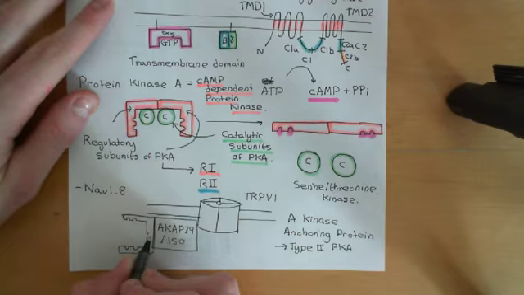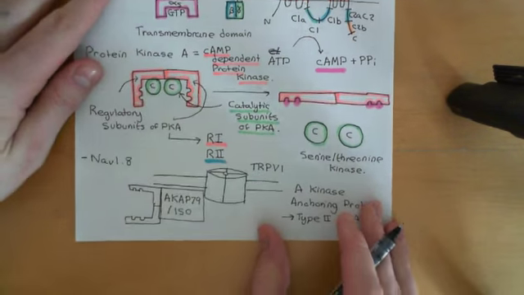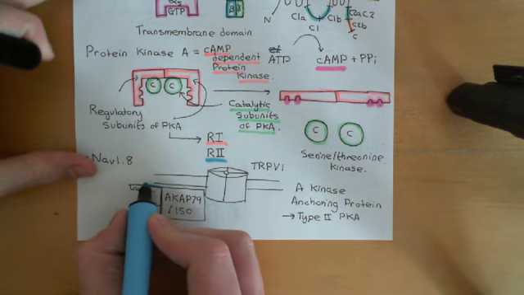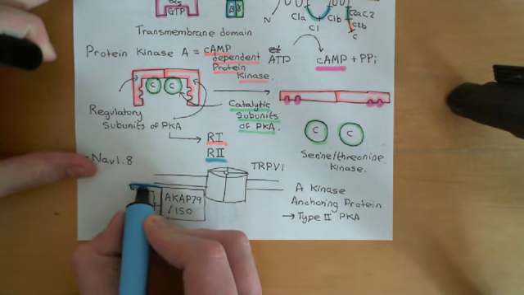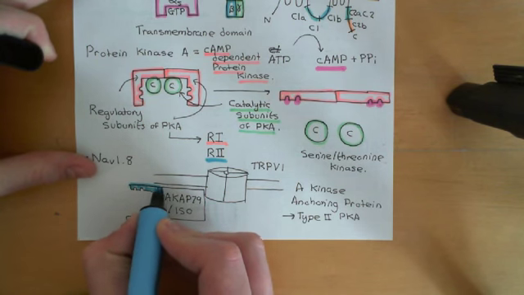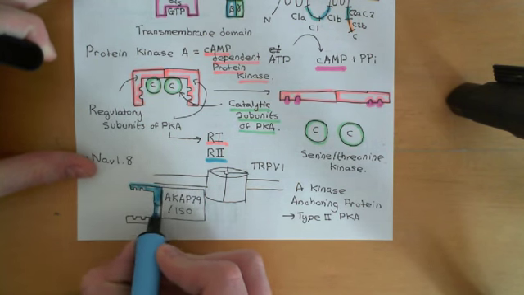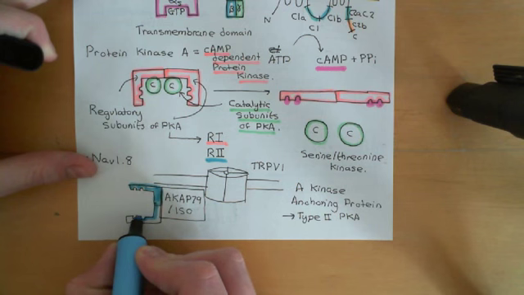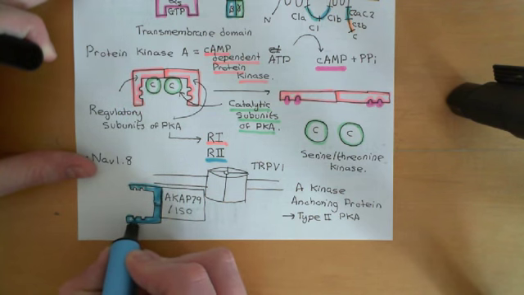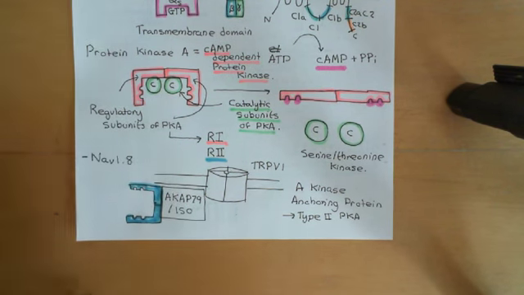The key thing here is that these type 2 regulatory subunits are capable of binding to A kinase anchoring proteins, binding to AKAPs, whilst the type 1 regulatory subunits are not capable of doing that. And indeed, protein kinase A inactive tetramers produced out of type 1 regulatory subunits are known as type 1 protein kinase A enzymes.